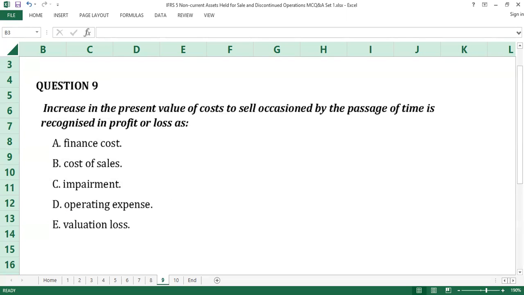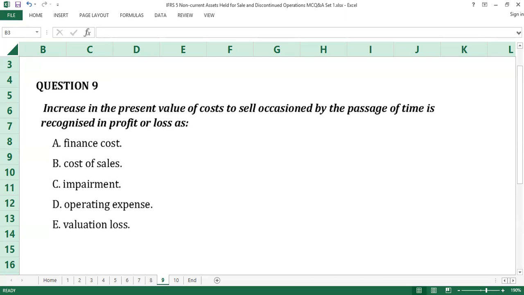Question number 9. Increase in the present value of costs to sell occasioned by the passage of time is recognized in profit or loss as dash. A. Finance cost. B. Cost of sales. C. Impairment. D. Operating expense. E. Valuation loss.